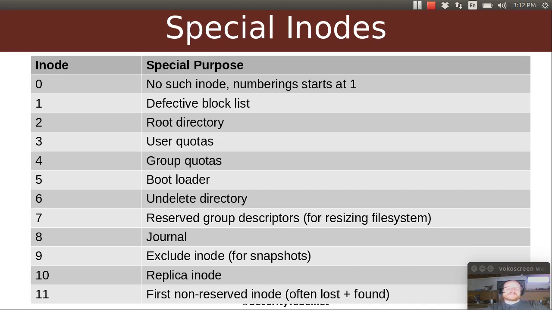And 11 is typically the first non-reserved inode. And most often, what you will find there is the lost and found directory. So that's a lot of information. And in future videos, we'll show you how you can get all this information out of the inodes.